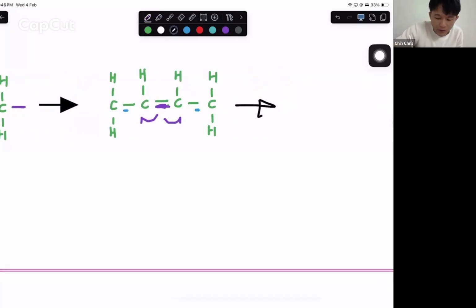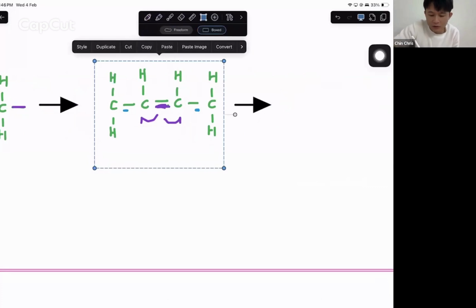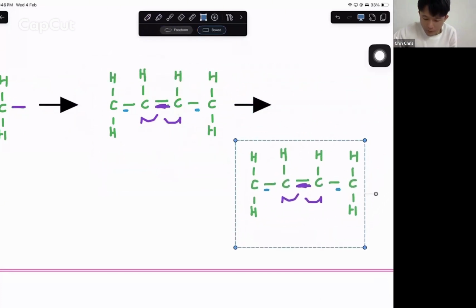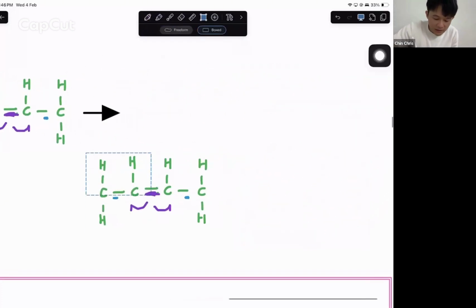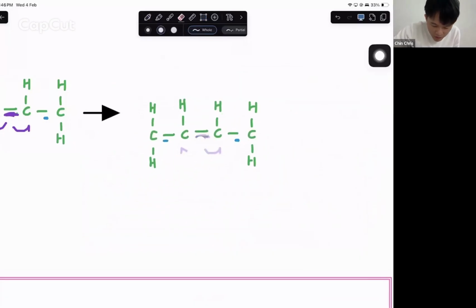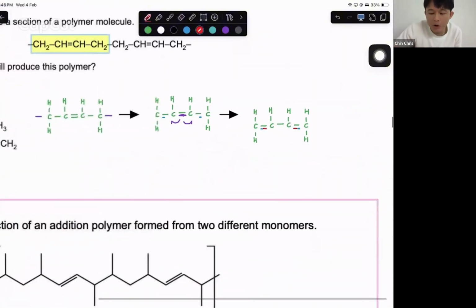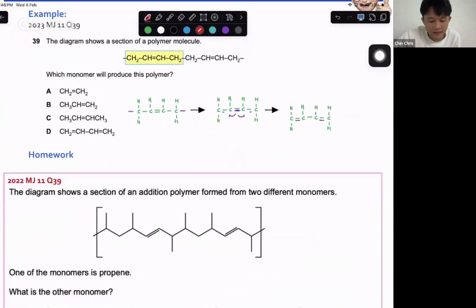So once I break this bond into 50%, 50%, boom, my final answer is like that. Break 100% into 50%, 50%. You see a double bond, C double bond C, C double bond C. That's it. Fun, cool or not?